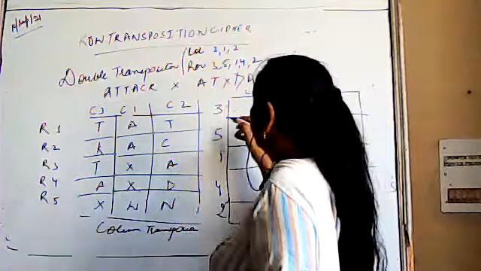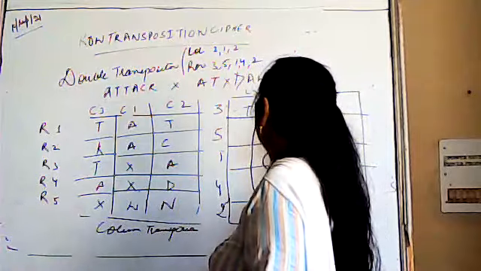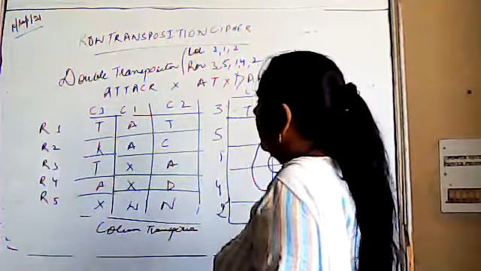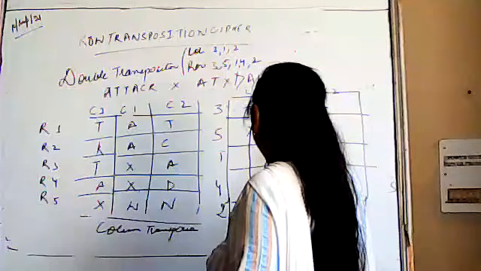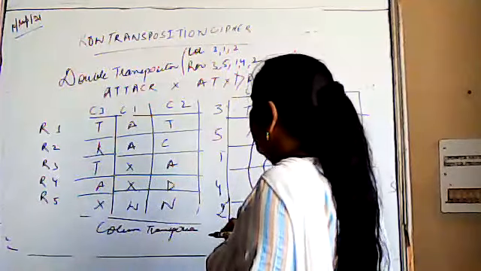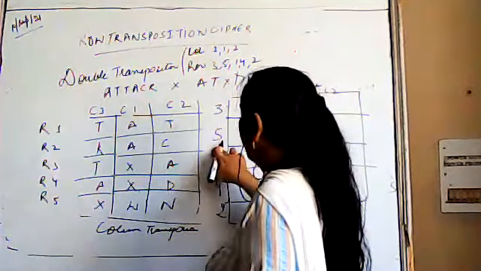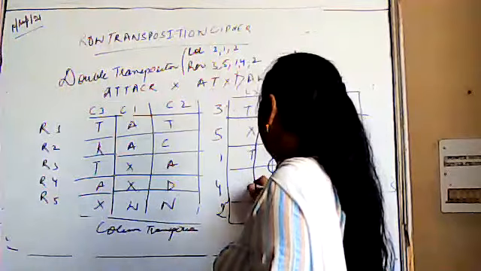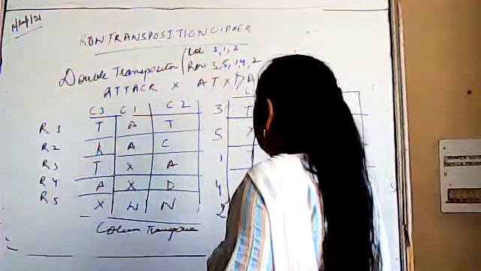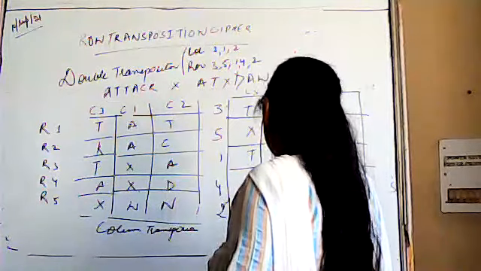So R3 would be TXA. Then 5 would be XWN. Then row 1 is TAT. Then we have 4, AXD. And then second is KAC.